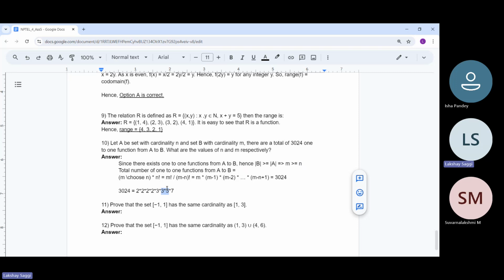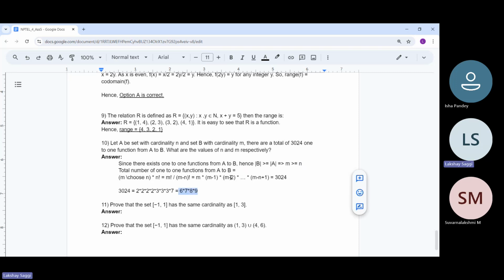For which consecutive numbers can we obtain this? Okay, so we have the 7. Maybe we can take 3 and 2, so we will have 6 from this. We'll have a 7. We'll have a 9 from this 3 and 3. And we'll have an 8 from this 2 and 2 and 2. So you can see this yourself also that this will come out to be 6 times 7 times 8 times 9.